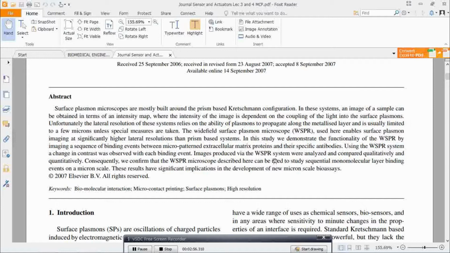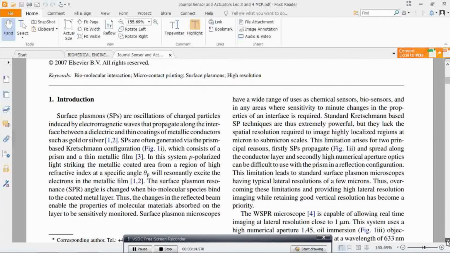In this study we have looked at micro patterned extracellular matrix proteins. That means the binding of antibodies to antigens, biological studies, right?